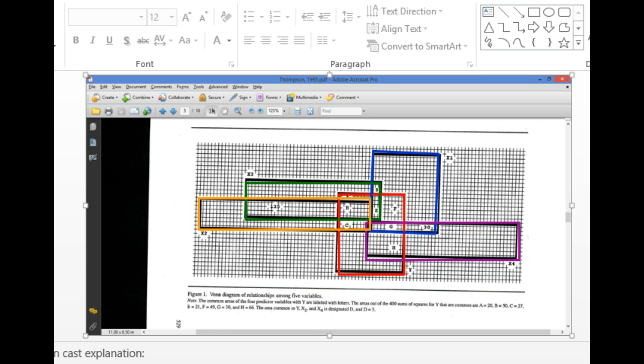So what that does is it throws the whole thing off, because next the computer is going to select the variable that has the next highest percent of unique variance accounted for, and that's going to be x2. As you can see, the yellow box is showing the most unique variance explained.